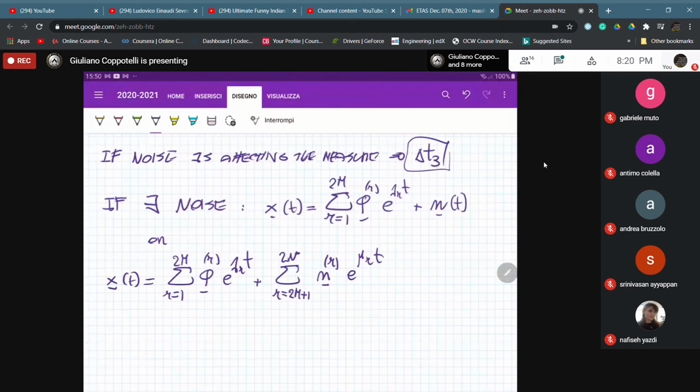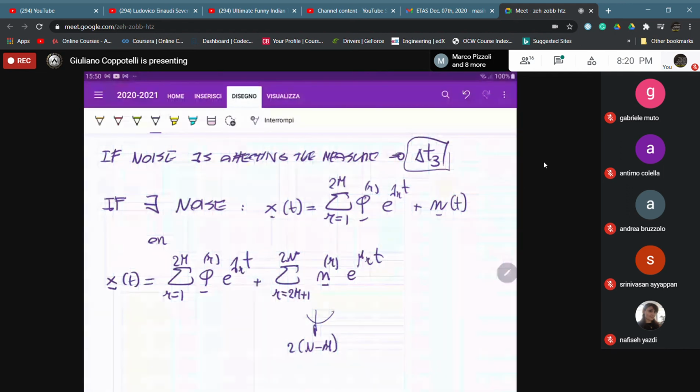Okay, and we are introducing 2n minus 2m noise modes. This is a definition, of course.